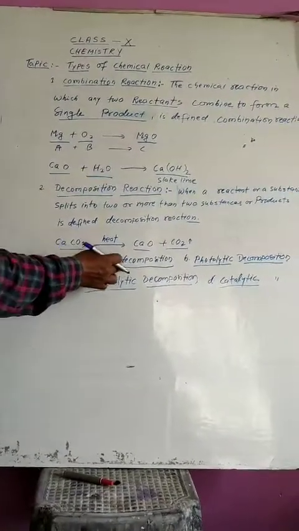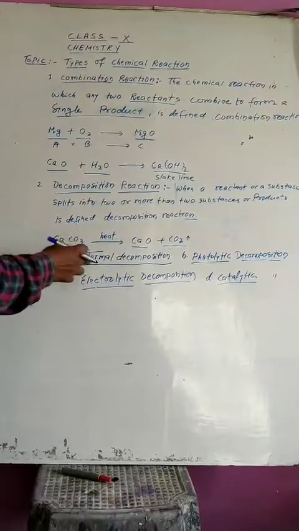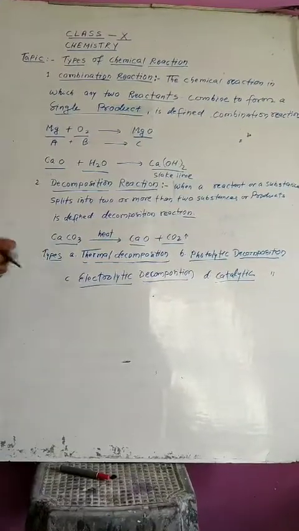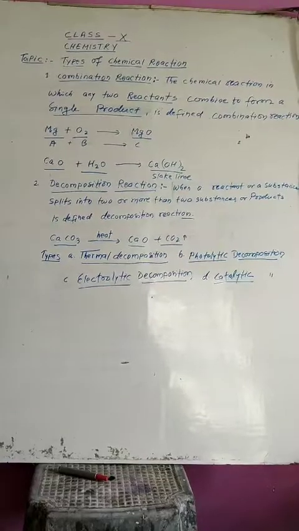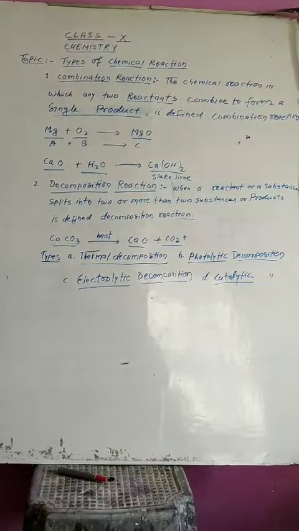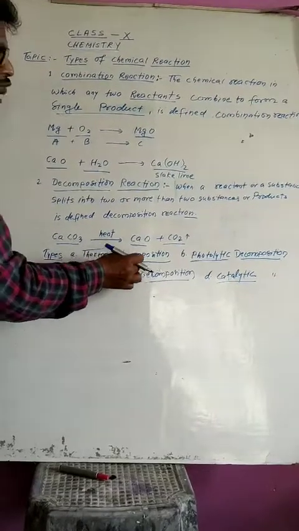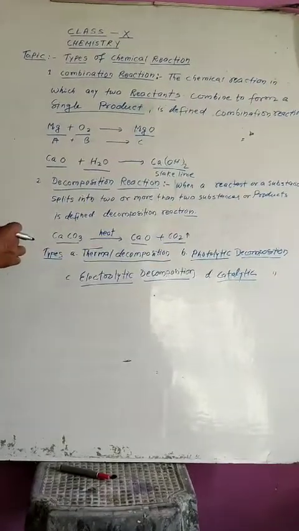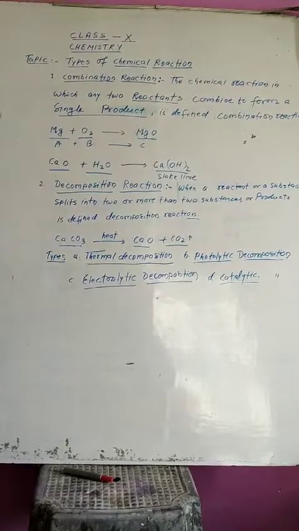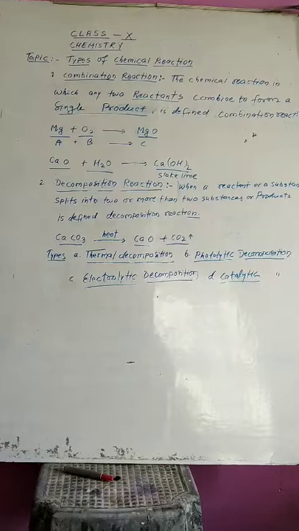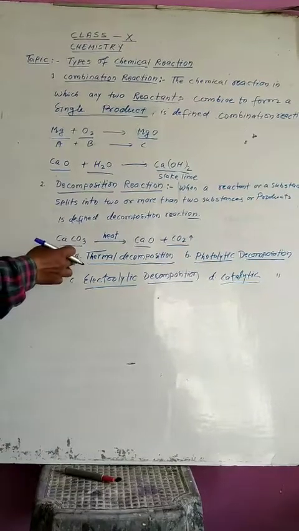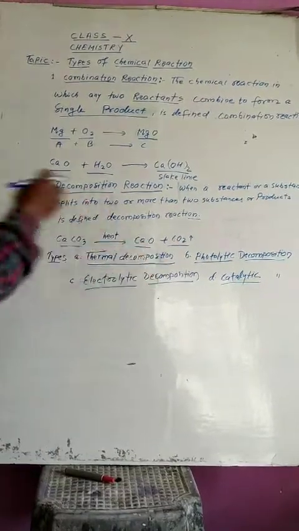Firstly, we see thermal decomposition. Thermal is related to heat. The decomposition reaction in which a substance splits into two or more products on applying heat is considered thermal decomposition.